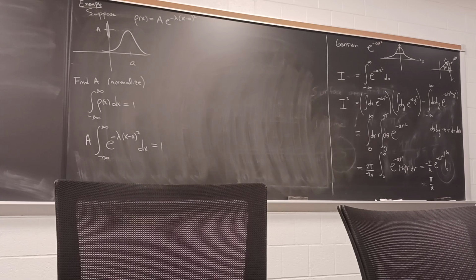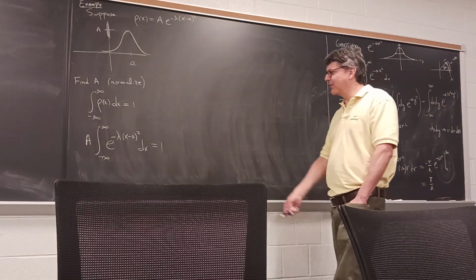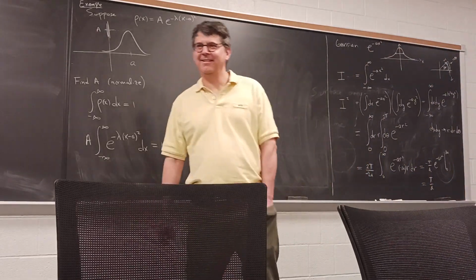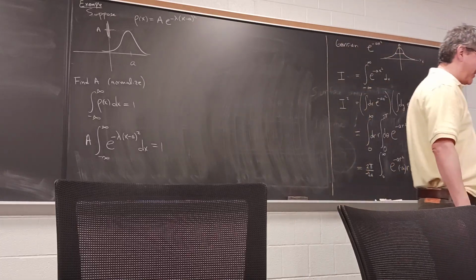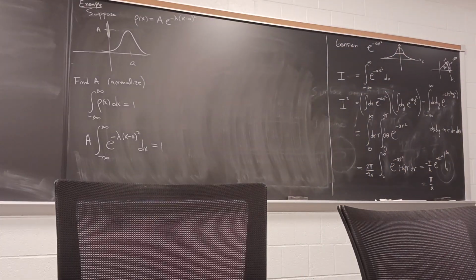Is it a u substitution this time? You could do it by u substitution. You got one. Well, what is it though? I mean, you can also just do it without writing anything down. What does it have to be?